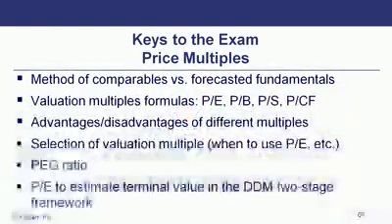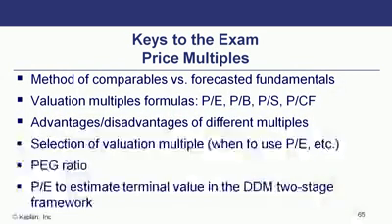The other way is going through, let's say, a Gordon growth type model, using the fundamentals to calculate it, and then comparing the two to see if it's overvalued or undervalued. And there are multiple formulas for PE, price to book, price to sales, price to cash flows. You've got to know them all, the advantages and disadvantages, and some of the rationales associated with them. And keep in mind the selection of the multiple: which one to use and what the benefits are.